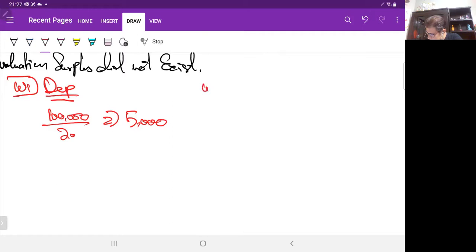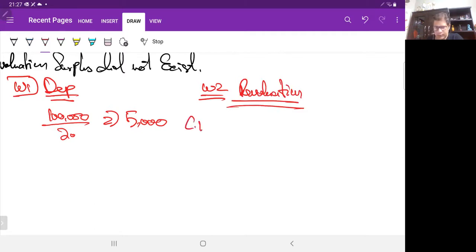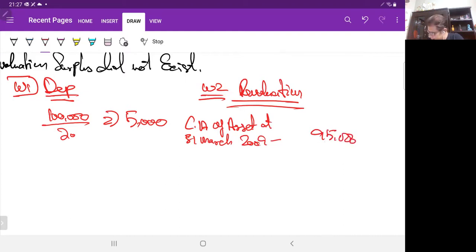Now the second working, revaluation. Carrying amount of asset at 31st March 2009 is 95,000. How we get that? 100,000 less 5,000, right?